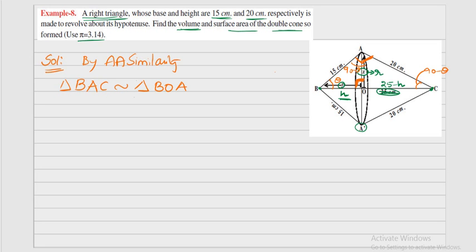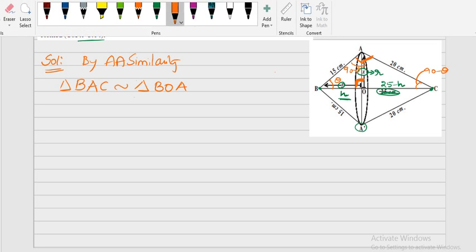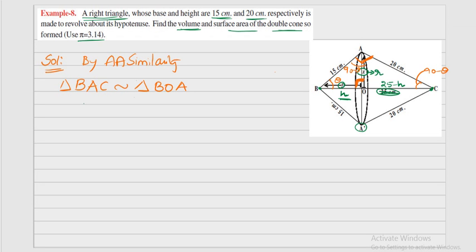When two triangles are similar, their sides are proportional and corresponding angles are equal. Based on that we have written this statement. From this, BA by BO is equal to AC by OA is equal to BC by BA. All these ratios are equal.